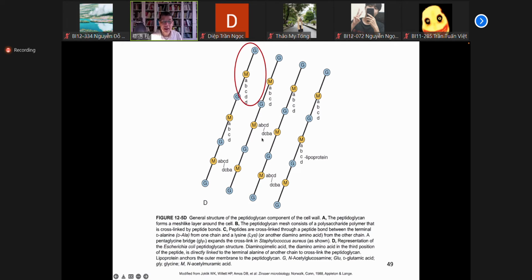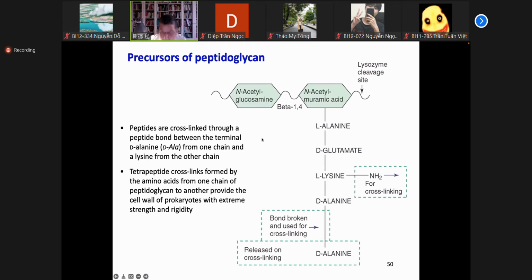Now let me explain the structure in more detail. The glycan is two sugar units: N-acetylglucosamine and N-acetylmuramic acid.